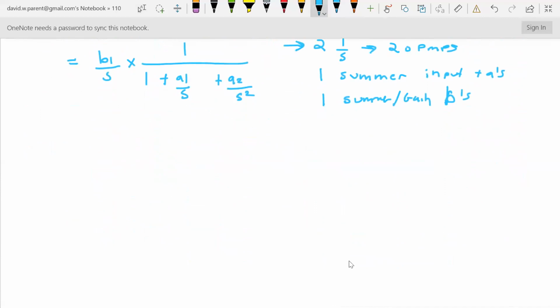Now we have multiple summers, which we haven't done before, and multiple integrators. So I'm going to draw them first. I like to draw them in this pattern because it makes it a lot easier for me not to forget to do the right thing.